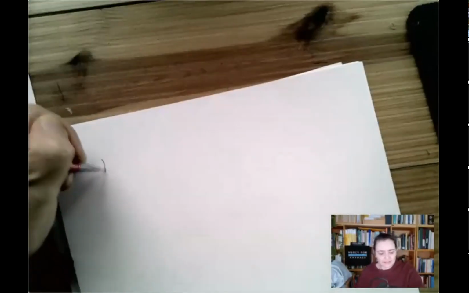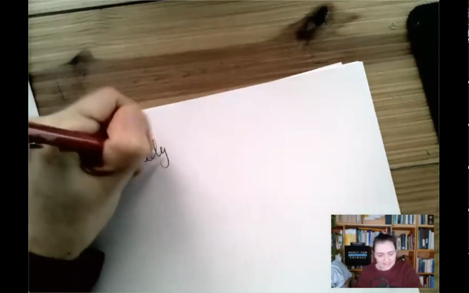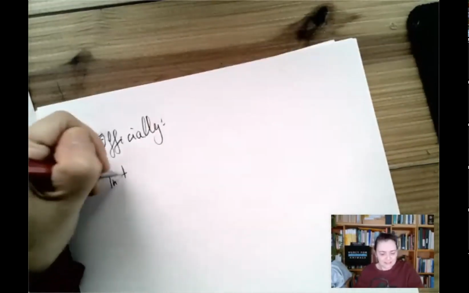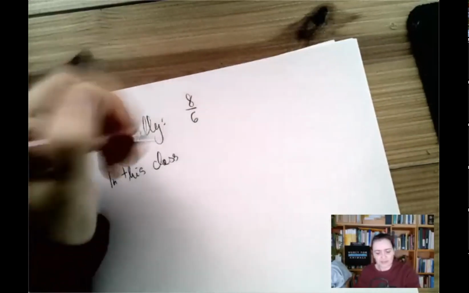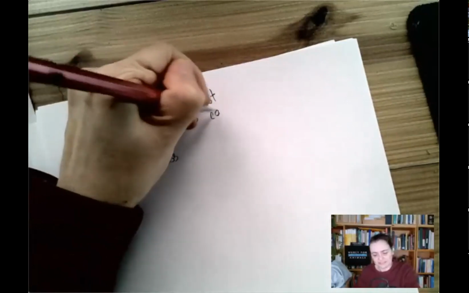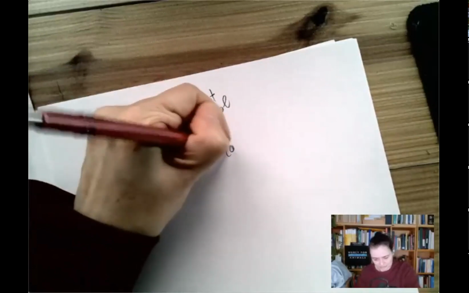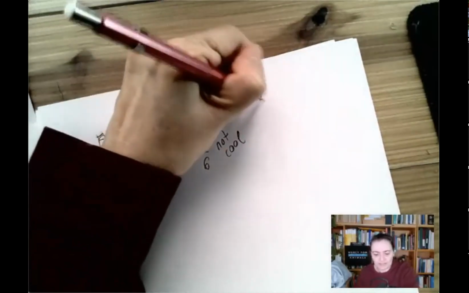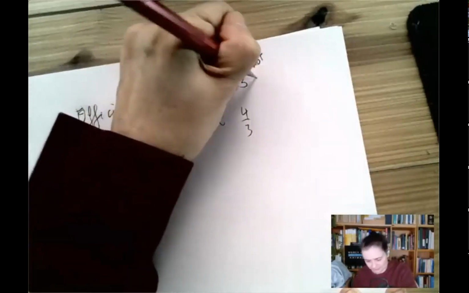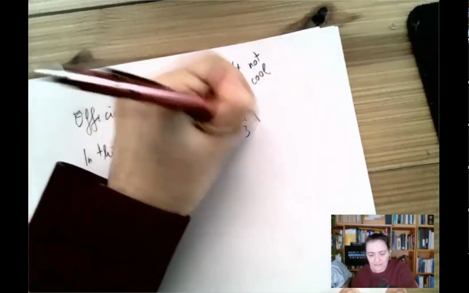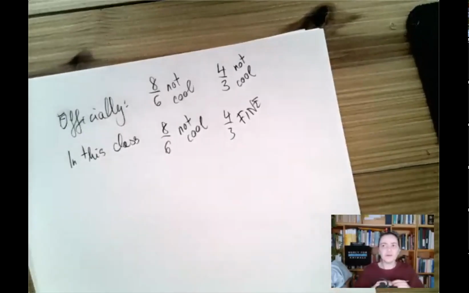So officially, in this class, 8 over 6, not cool. 8/6, not cool. 4/3, fine. It's fine for me. As long as it's in lowest terms, it doesn't bother me if it's improper.